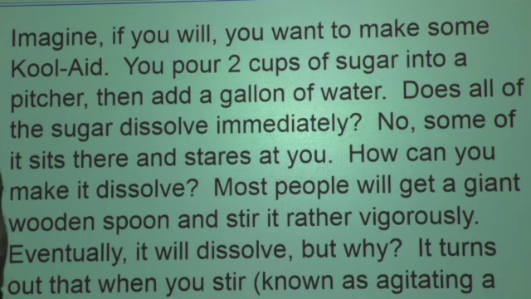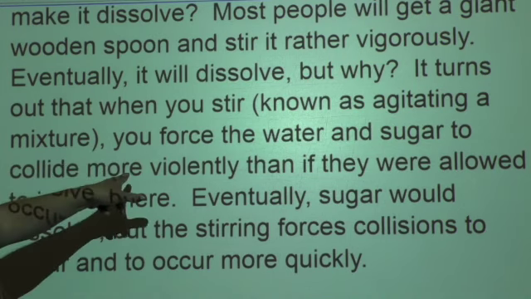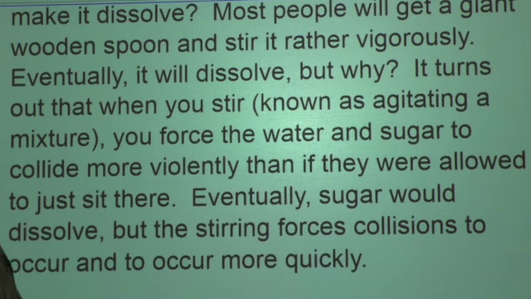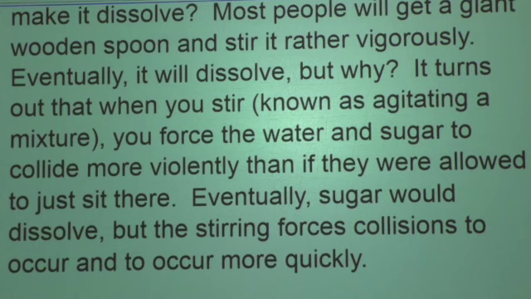Well, most people will get a giant wooden spoon and start stirring it rather vigorously. Eventually it will dissolve. But why does that create the dissolving? Well, it turns out that when you stir, which is also known as agitating a mixture, you force the water and the sugar to collide more violently than if it was just sitting there when you pour it on top of each other.